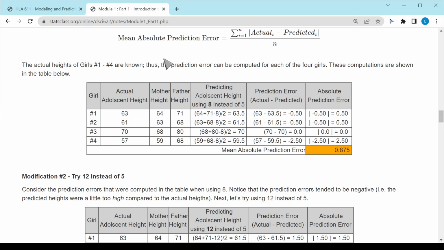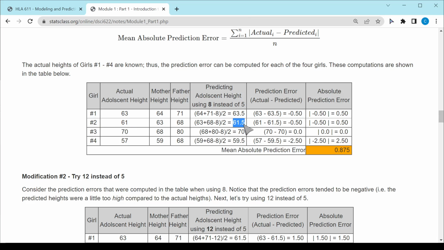So let's go ahead and compute this quantity for the predictions that I have made. The prediction error here for the first girl is going to be her actual height, which is 63, minus the 63.5. So this minus sign means my prediction was just a little bit too high. Also, on girl number 2, her actual height was 61.